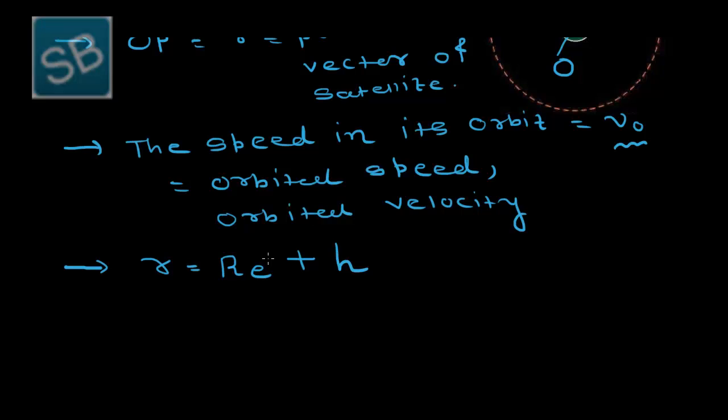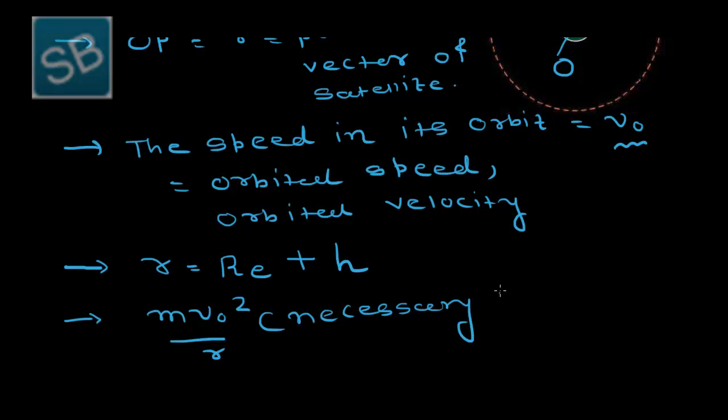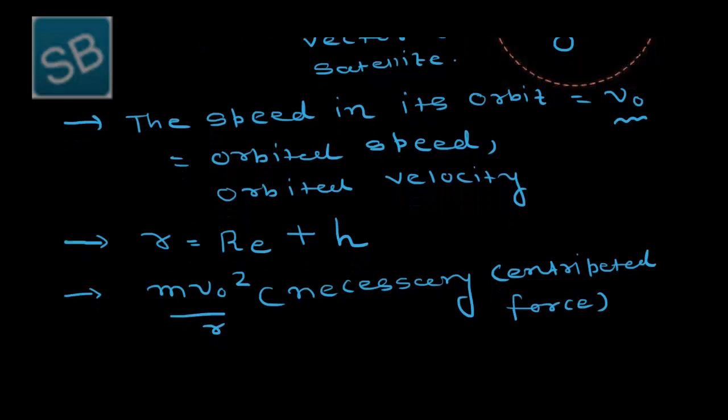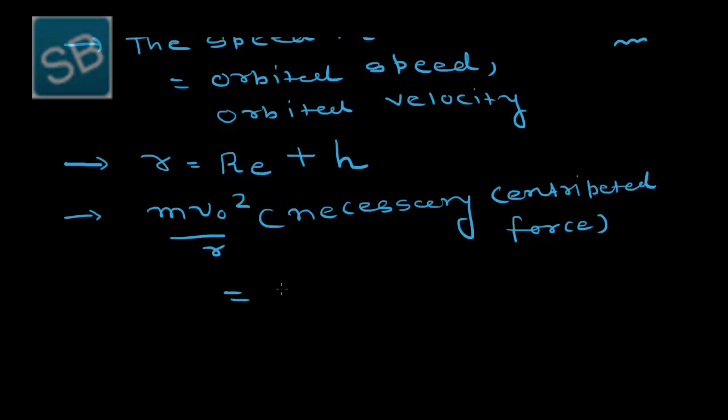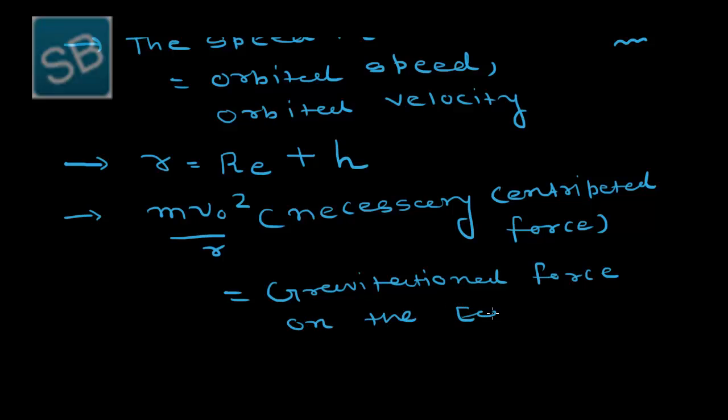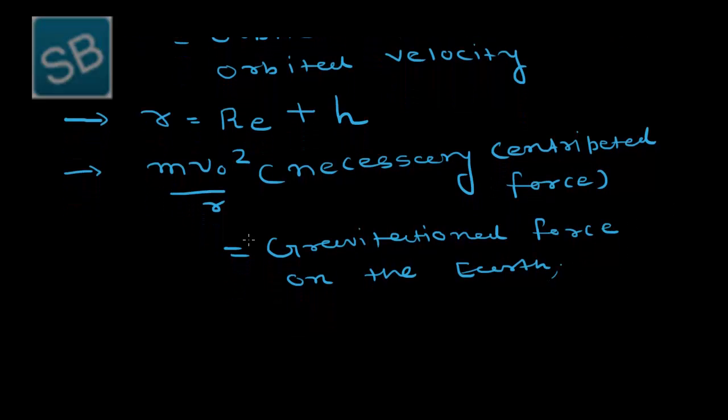And now we can say that the necessary centripetal force, m v0 square over r, is equal to the gravitational force on the satellite by the Earth, which is equal to G Me m divided by r square.